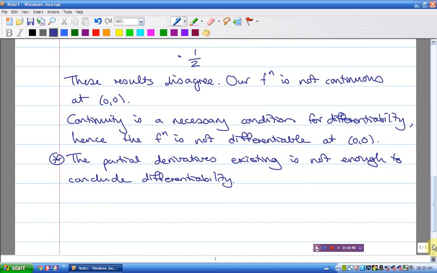But at the origin there's the danger of discontinuity. And as soon as there's the danger of discontinuity, it means there's the danger of non-differentiability. And when differentiability is in doubt, you have to differentiate from first principles. Otherwise, you might get the right result, but you might get the wrong results. You can't trust your differentiation rules. You've got to do it from first principles.